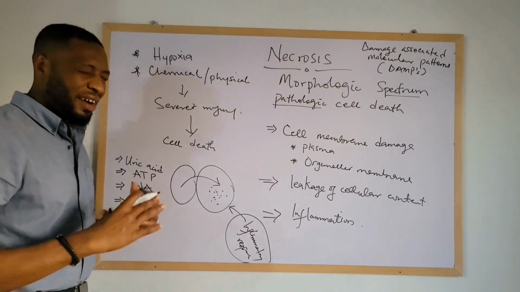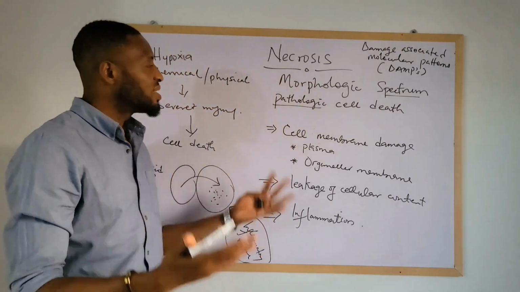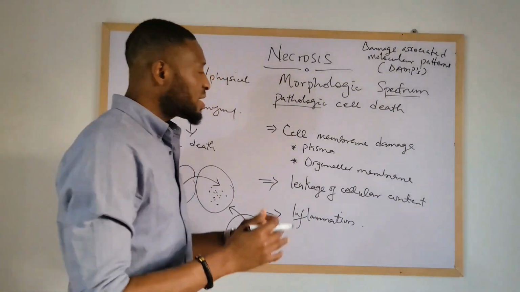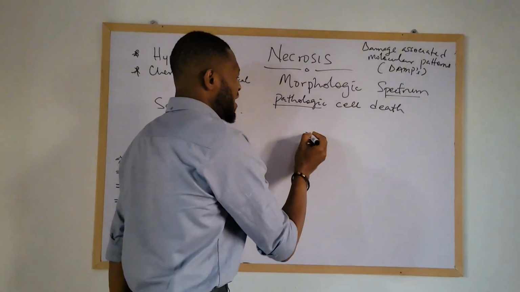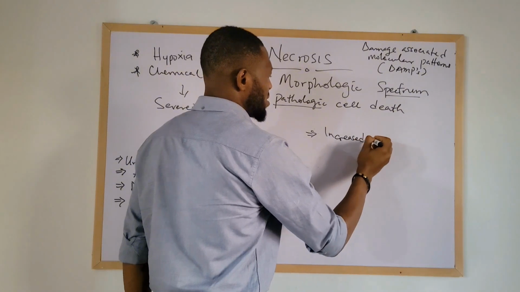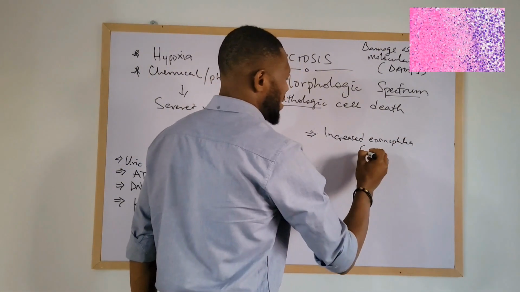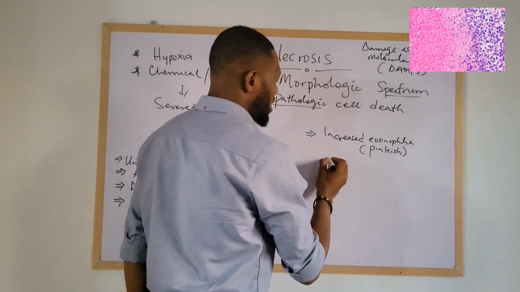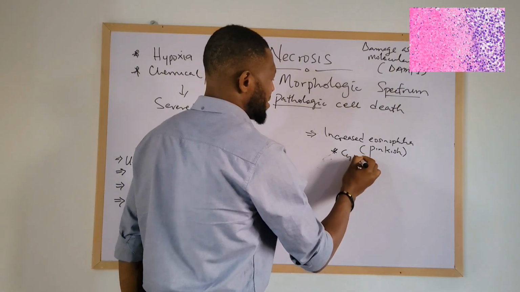Okay, now there are characteristics of necrosis that we can see under the microscope. Necrotic cells have an increased eosinophilia, meaning that they are more pinkish, and that is usually because of digestion of cytoplasmic RNA.